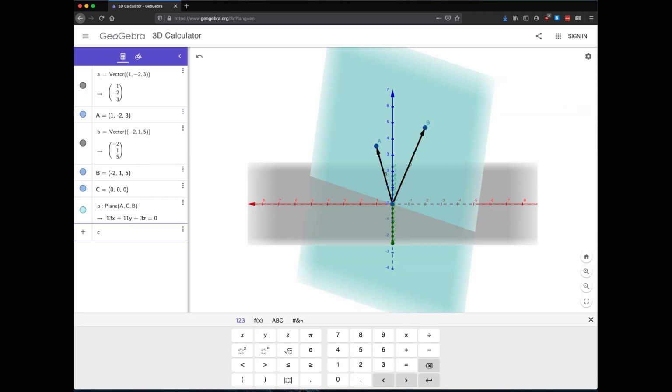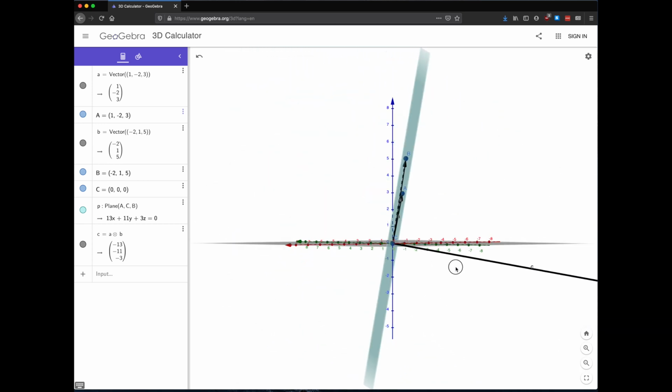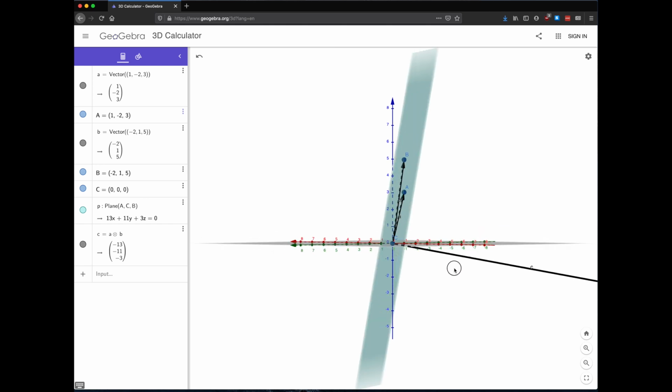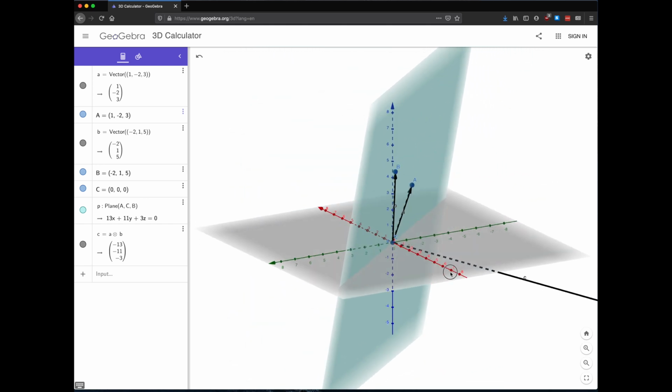So I can do C equals the cross product, and now it says, hey, put 2 vectors in me of A with B. Now, that's some ginormous vector, okay? But it is pointing perfectly perpendicular, perfectly orthogonal to that plane.